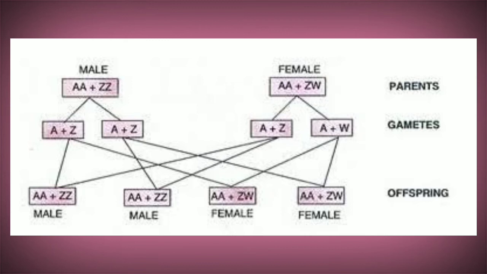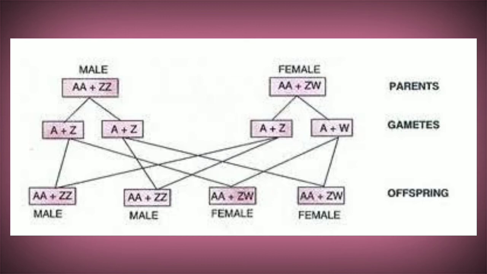So A plus Z is the male gamete, and if the female gamete bears A plus W, then after fusion of these two types of gametes, they will give the resultant offspring as female, because that is again AA, the autosome, and ZW, which is the heterogametic nature.